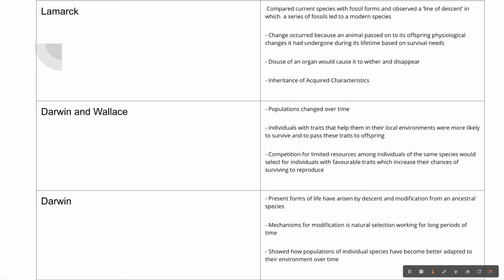So all this chart does is show us that it's not just one scientist that came up with this. It's actually a whole bunch of them, which Darwin put together and ultimately took credit for, basically. Okay? You don't have to know that. It's just showing how all the scientists worked towards it.